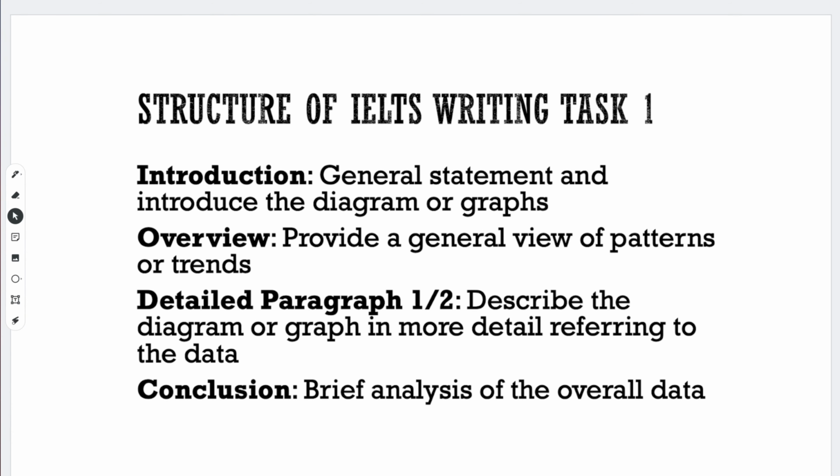And just to remind ourselves of the structure, we need to focus on the general statement and the introduction, put that together, create the overview, and then we'll look at a detailed paragraph, 1 or 2 paragraphs, either combined together or separated, and then a final conclusion if needed.